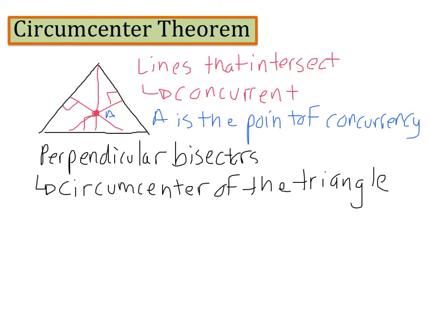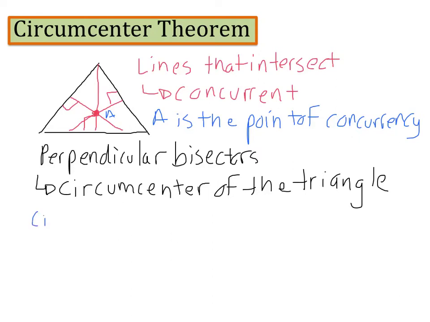So now that we've established some vocabulary for circumcenters and perpendicular bisectors, we want to look at the theorem. Now the Circumcenter Theorem tells us that the point of concurrency for perpendicular bisectors is equidistant from the vertices. So let's write that out and then we'll draw it on the picture.